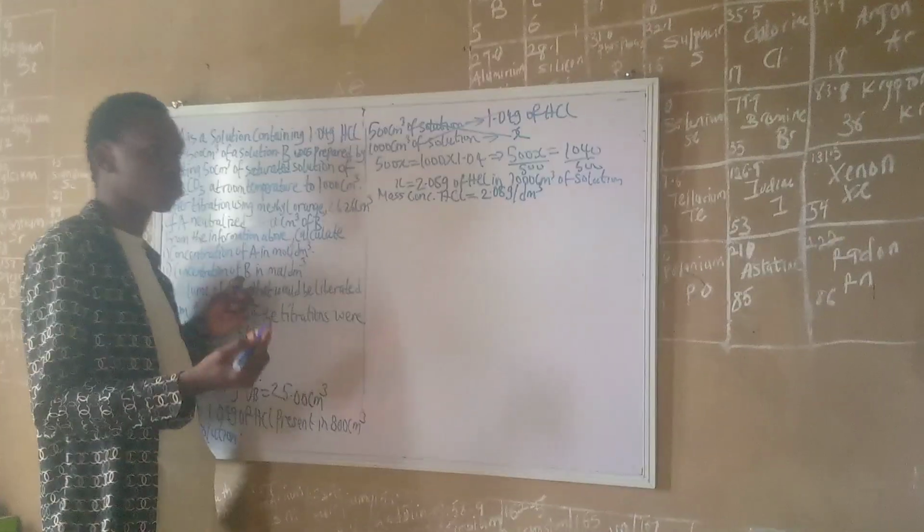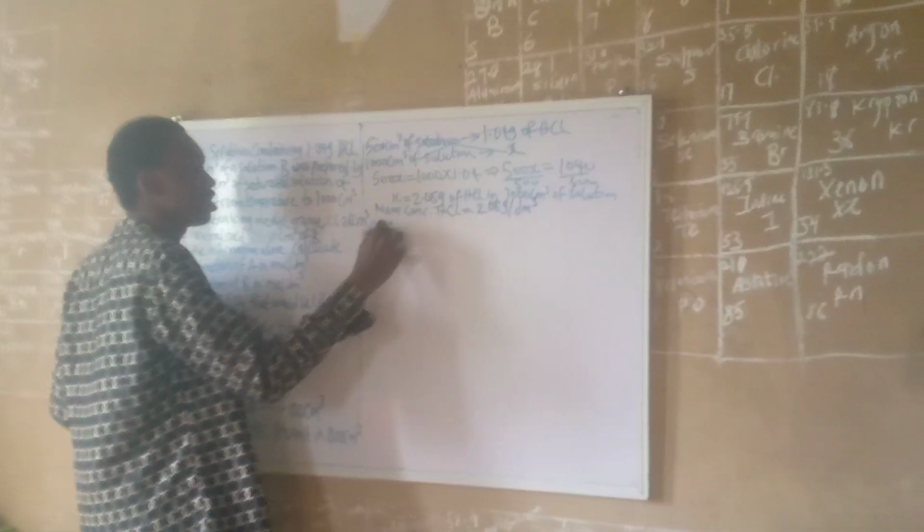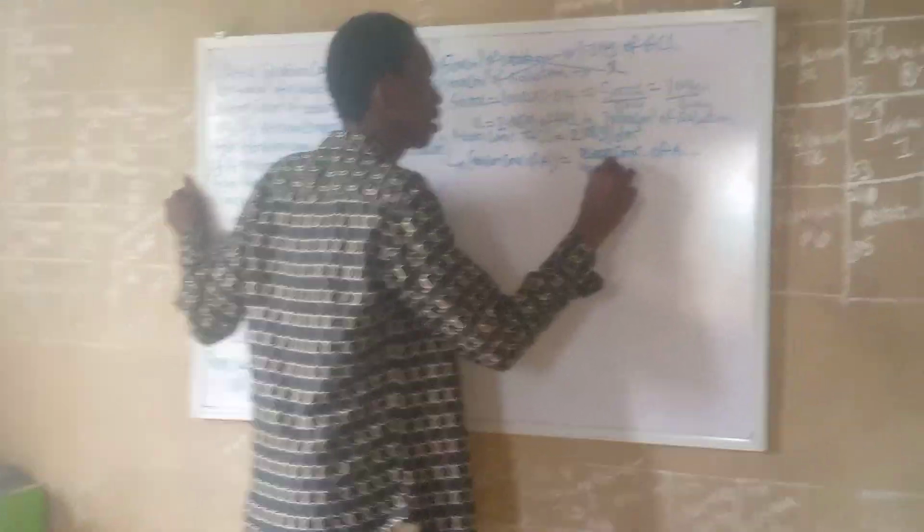The molar concentration, which is Ca, the molar concentration of the acid, is equal to the mass concentration over the molar mass of A. So what is A?